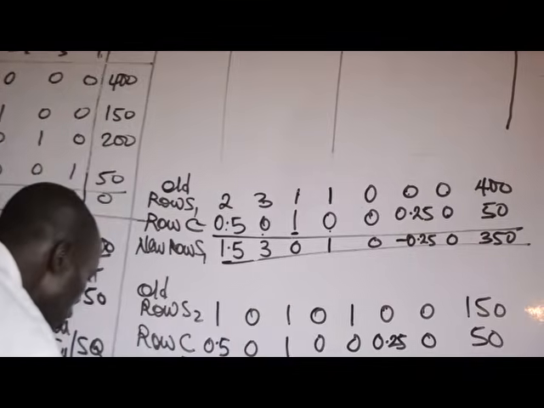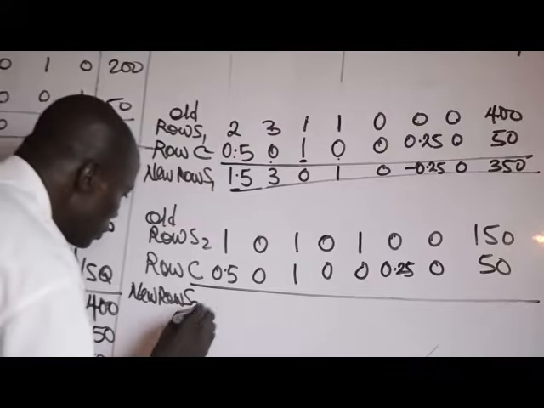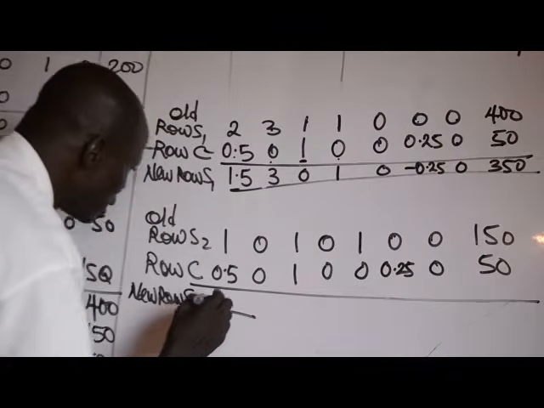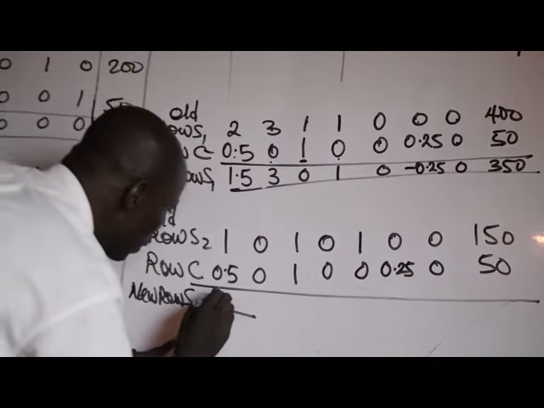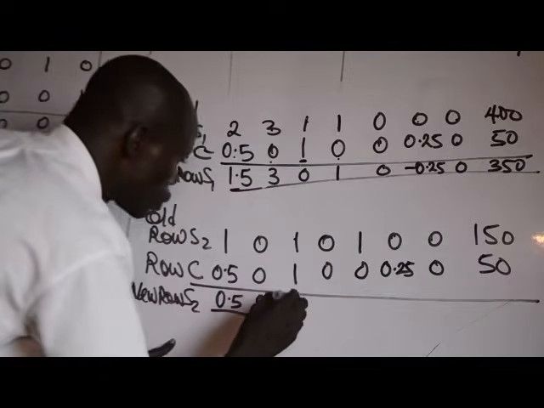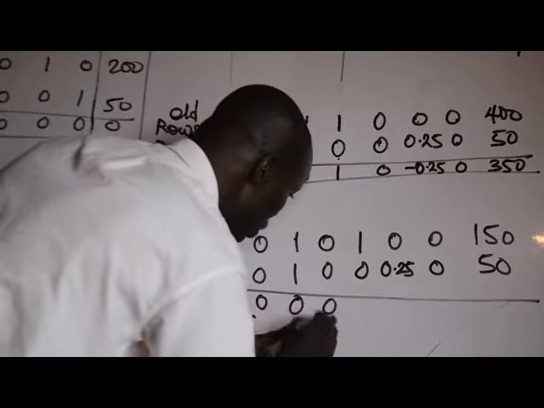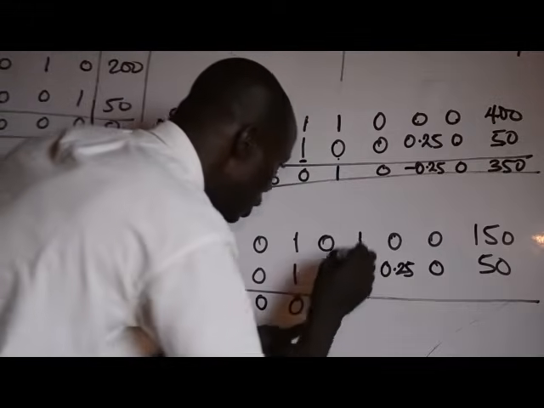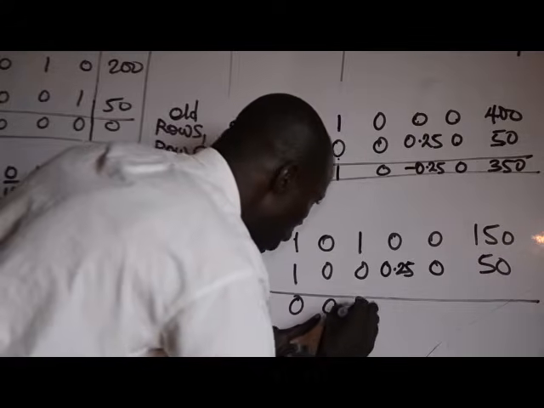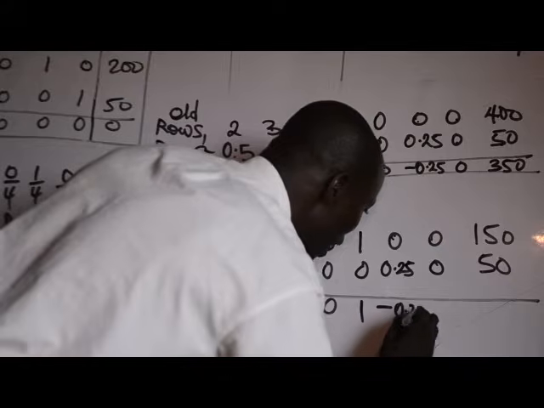Now let's subtract. New row S2 now. 1 minus 0.5, that will be 0.5. 0 minus 0 is 0. 1 minus 1 is 0. So this column becomes 0. Then 1 minus 0 is 1. 0 minus 0.25, that is minus 0.25.